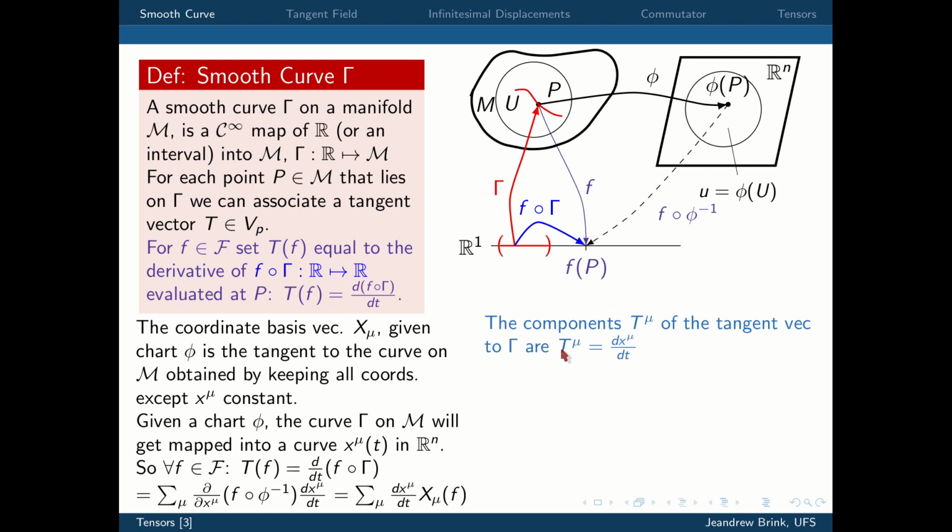So we have T mu equals dx mu/dt, where, for example, in 3 space, x mu would be x, y, and z, and so the components would simply be dx/dt, dy/dt, dz/dt. And they are always indicated with up indexes. Okay, so that's a tangent vector on the coordinate basis.